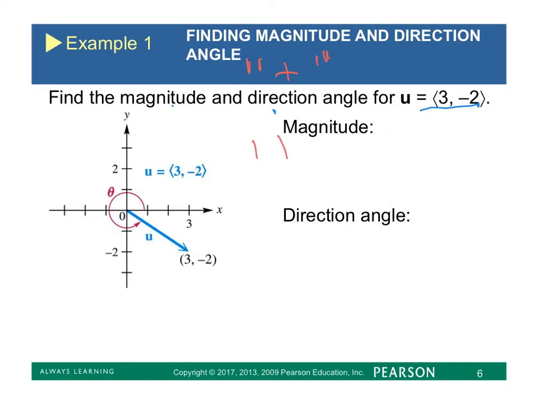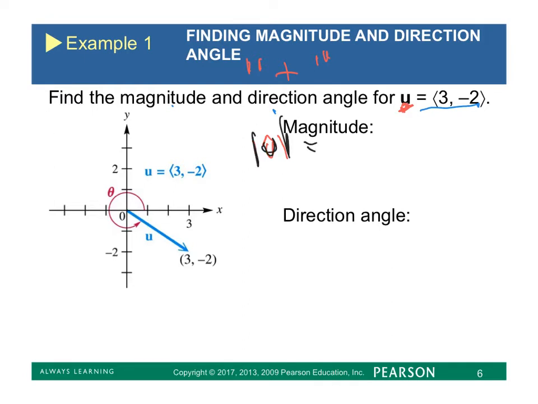Since u is boldface, that's his symbol for it being a vector. Some books write u with a little hat over it, and that's called a vector as well. But this book uses the boldface u, so I'll stick with its connotation.